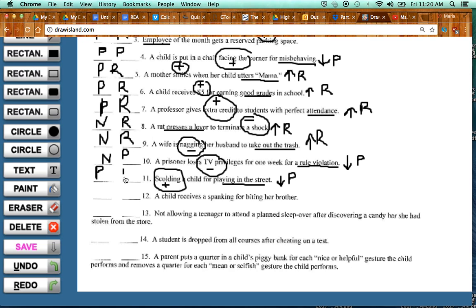Number 12, a child receives a spanking for biting her brother. That would be punishment because we want to decrease the behavior of biting, and it would be positive punishment because we are adding an aversive stimulus of the child getting spanked.